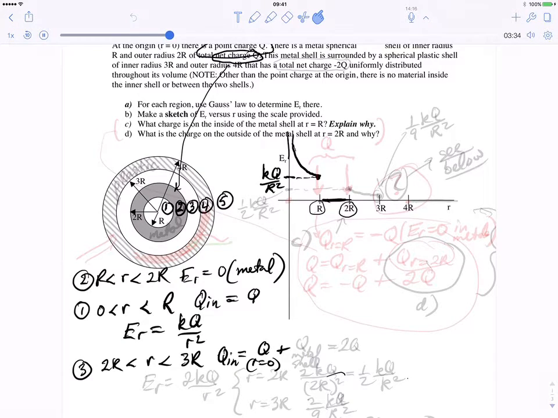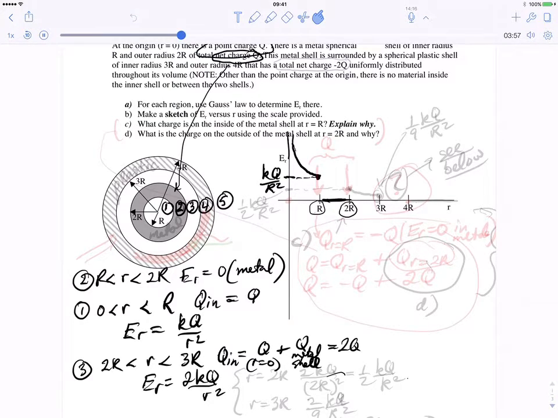So that means Q plus Q, metal shell. So the total charge inside of a Gaussian surface in region 3 is going to just be twice Q. And therefore, the electric field will be twice kQ over little r squared.